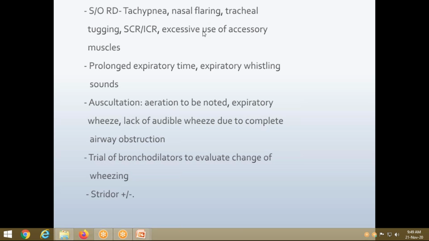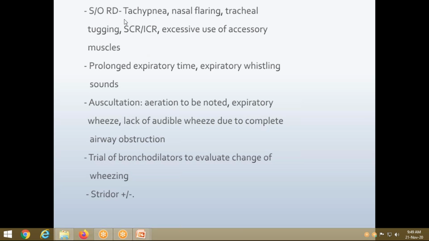Okay, how do you mean by tracheal tugging? Followed by what is this? SCR, ICR? Subcostal retractions or intercostal.